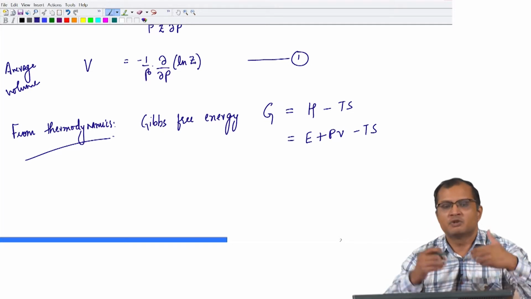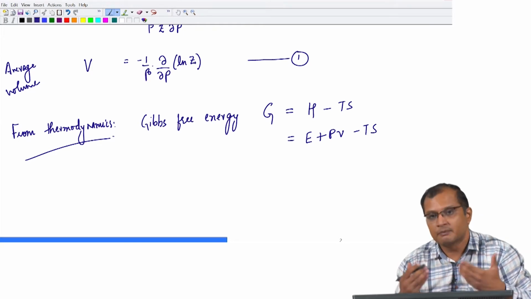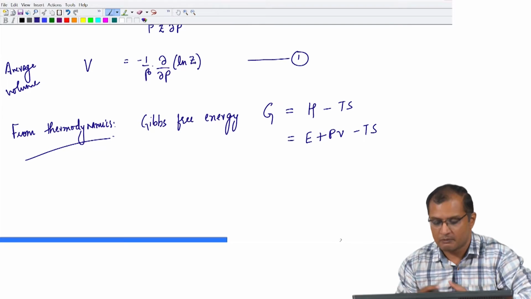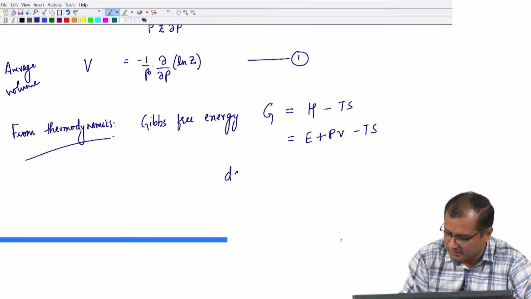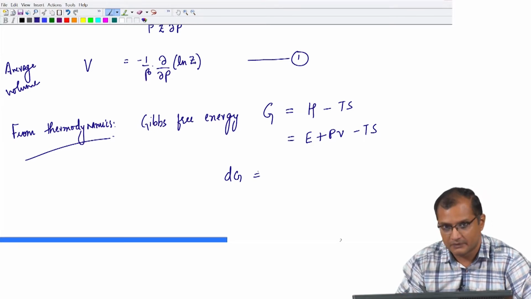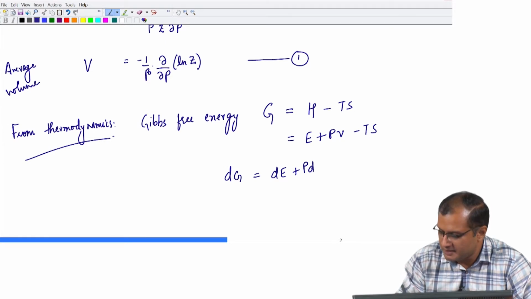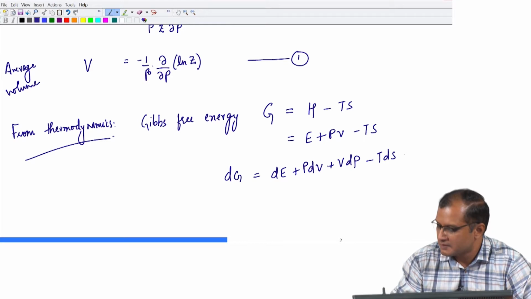So, I am saying that suppose you were doing thermodynamics, not stat mech, you could still compute the volume of your system by appropriate thermodynamic derivatives. This is what I am going to do now. So, I am going to write down the differential form for this law as dE plus PdV plus VdP minus TdS minus SdT.